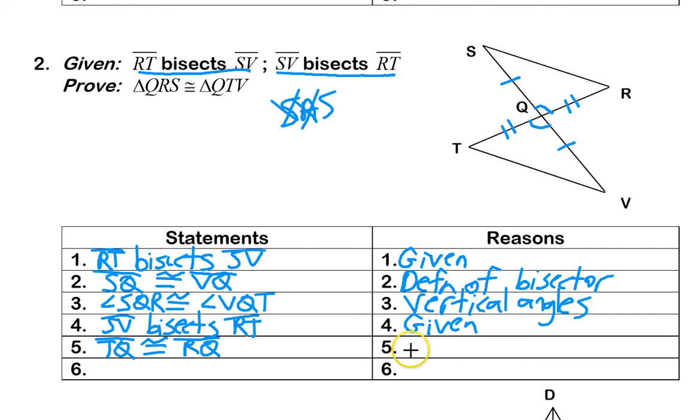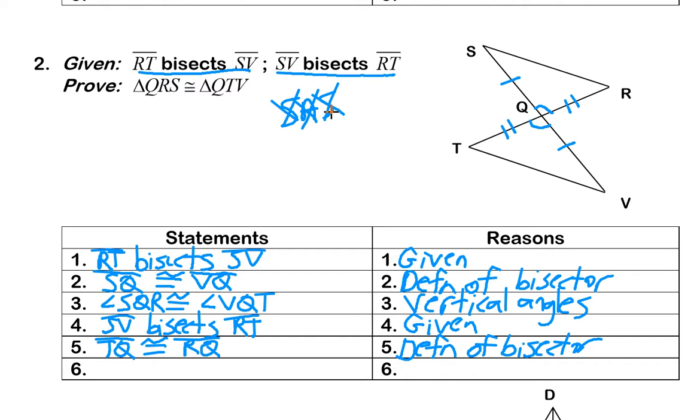And that is also because it's the definition of a bisector. I'm shortening definition here, DEFN. Definition of bisector. All right, so that justified the other S.